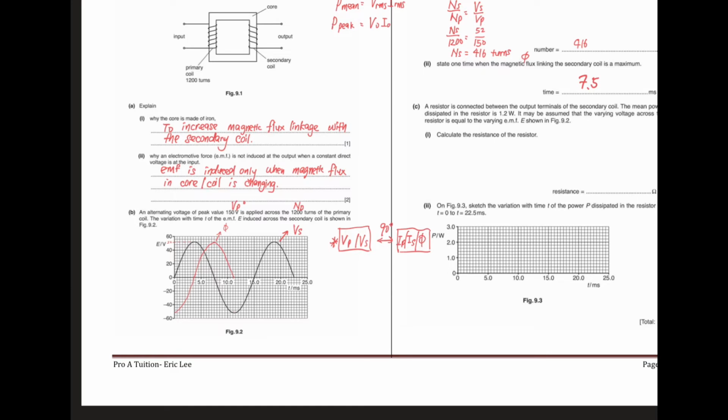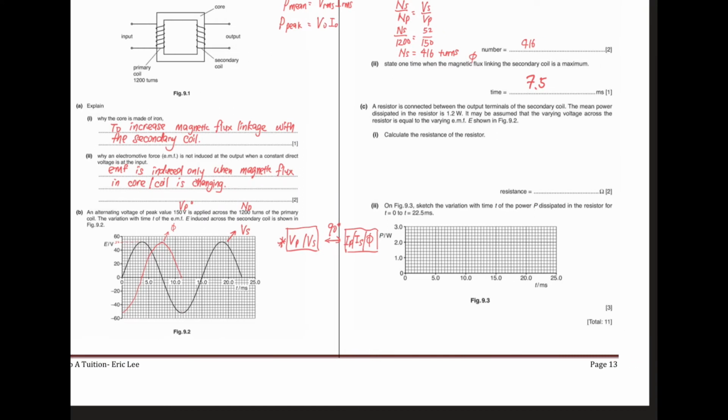If you put other values, for example 0 milliseconds, they accept also.